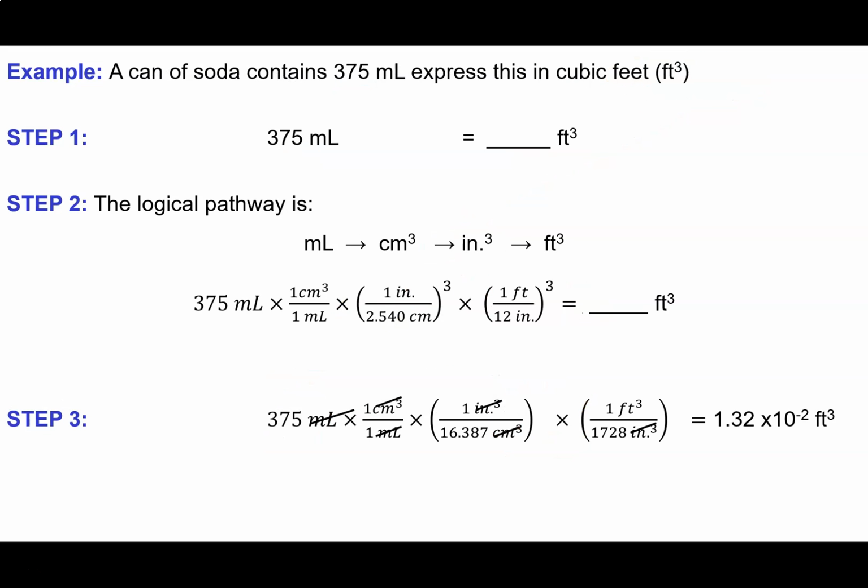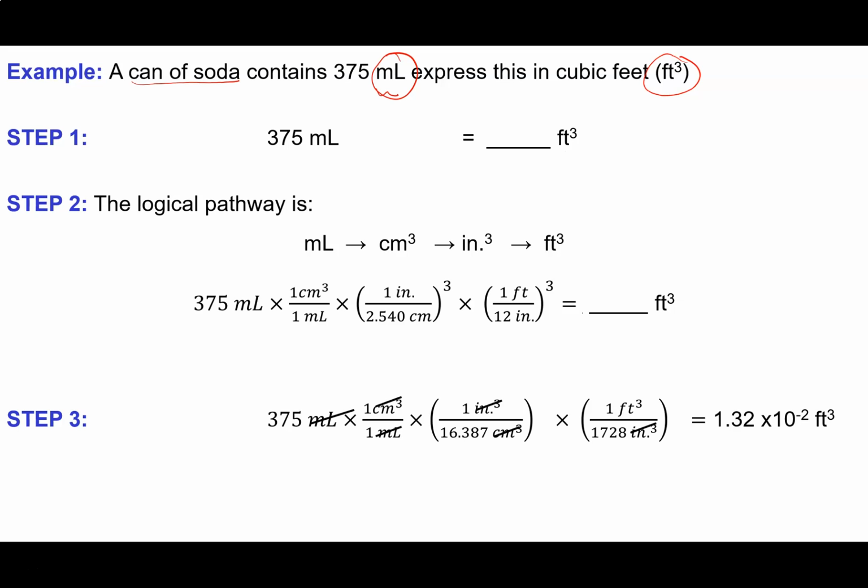Okay, so this is one where we're going to do a volume conversion from metric units, or actually these are not metric units officially, right? Into cubic feet into English units. So 375 mils is the volume of a can of soda, and we're going to turn that into feet cubed.